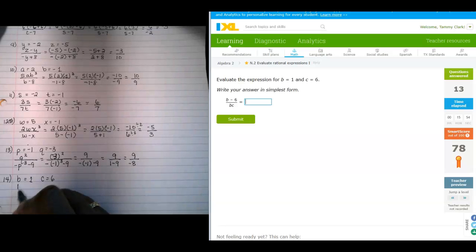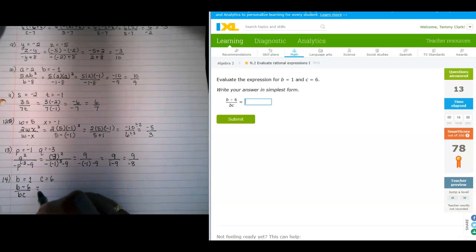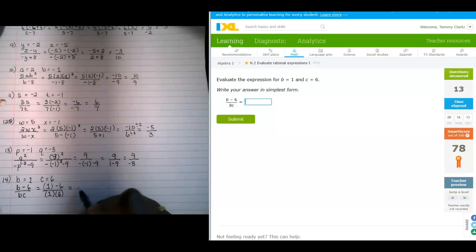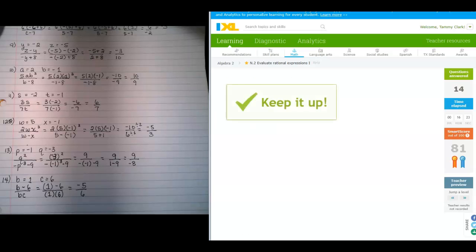Our expression is B minus 6 divided by B multiplied by C. So B is 1, I'm replacing that, minus 6 divided by B is 1 and C is 6. So we've got 1 minus 6, which is negative 5, and 1 times 6, which is positive 6. So our answer would be negative 5 divided by 6.